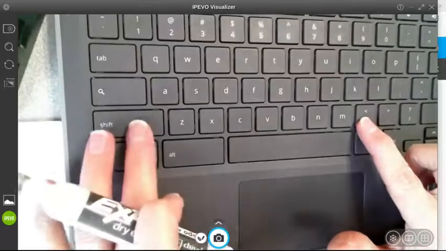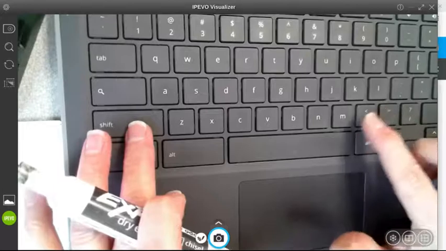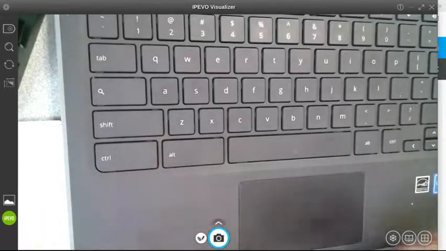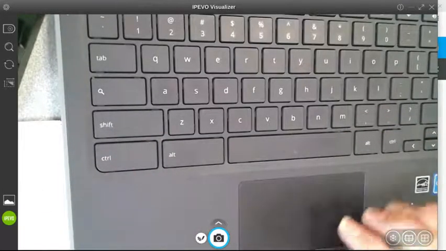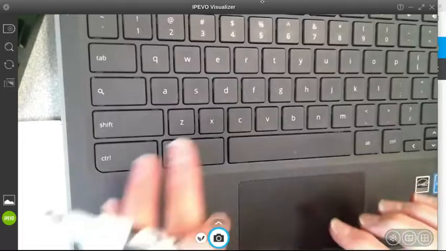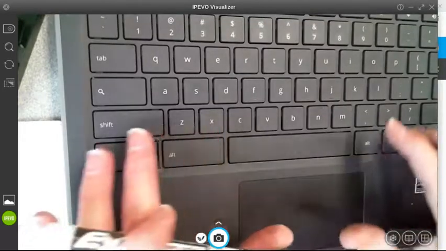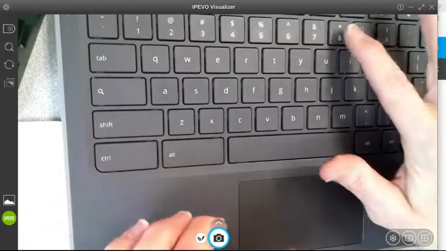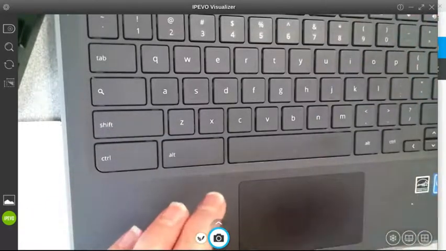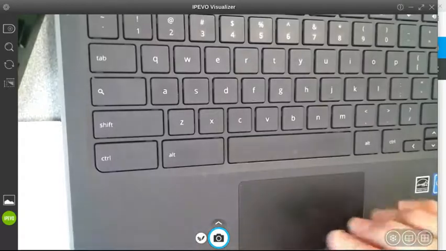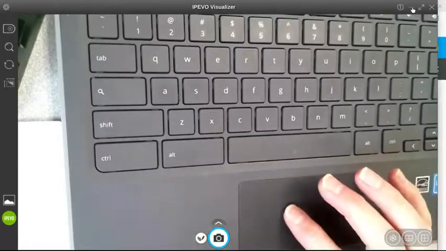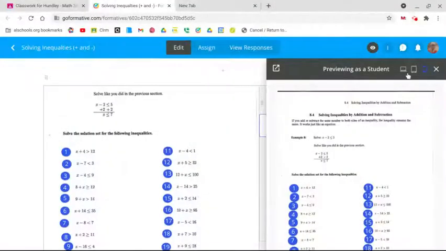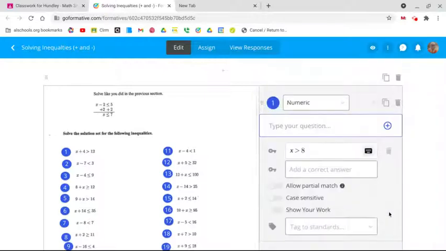And you have to use the shift key to make those signs in your answer key. So you would type in the letter x, shift greater than, and then the number 8. You don't have to do any spaces in between. All right? X is greater than 8. And it would look like this.